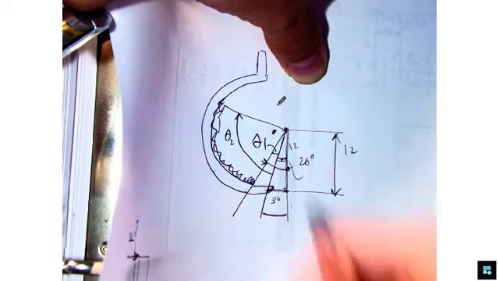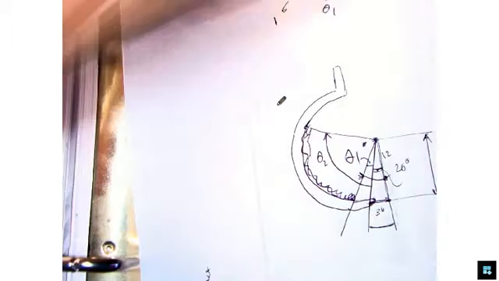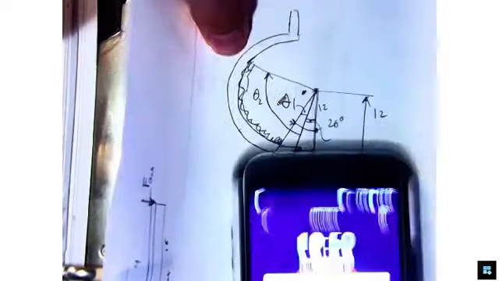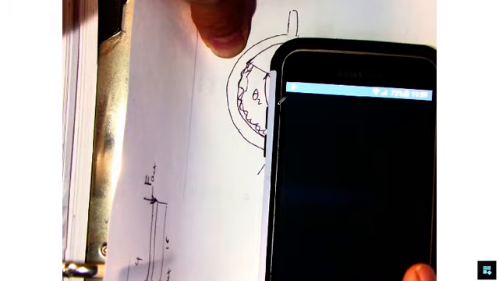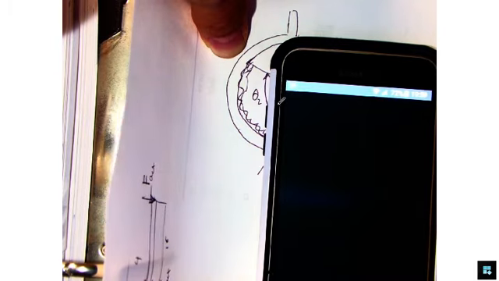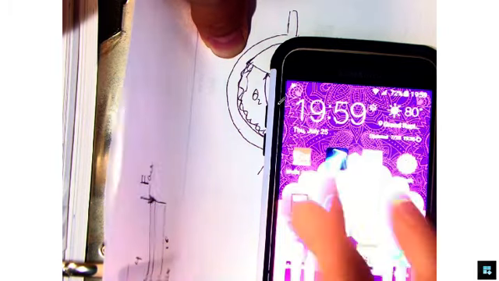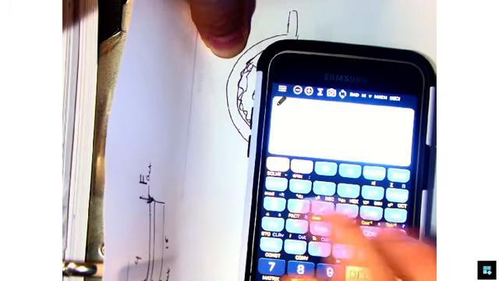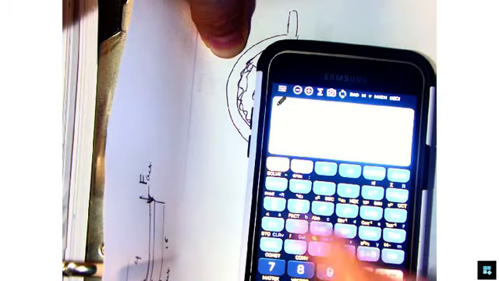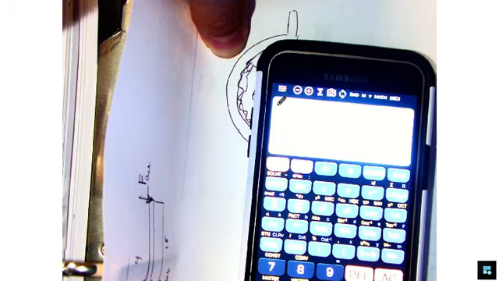So let's see how much that angle is going to be. Let me use my phone as calculator. All right. See what I have. Okay. So 3 divided by 12, arc tangent of 3 divided by 12.